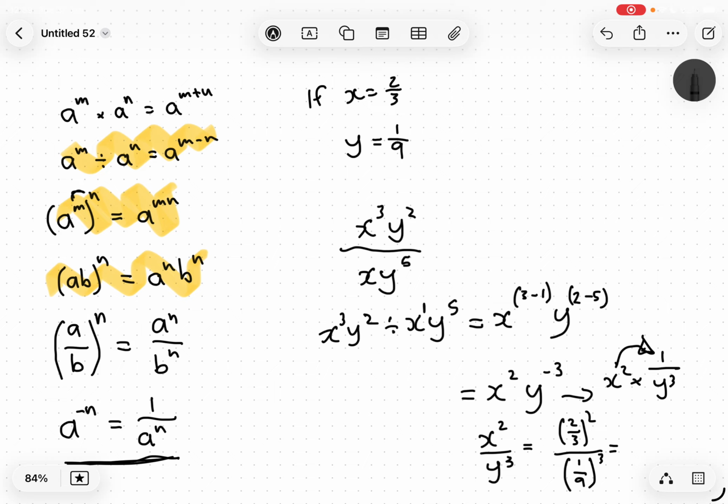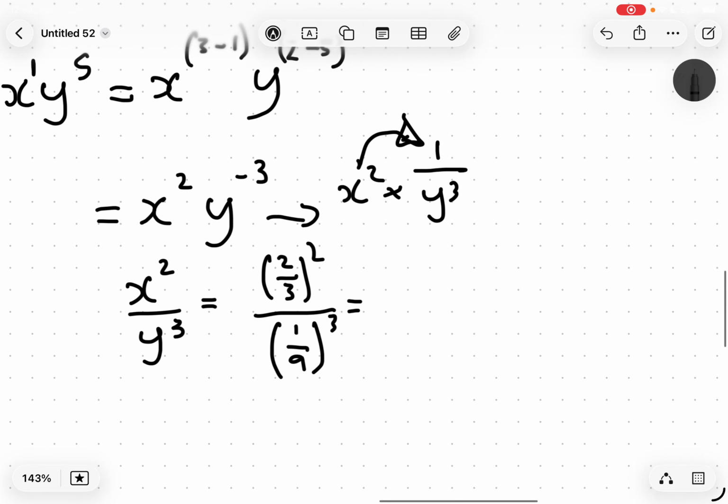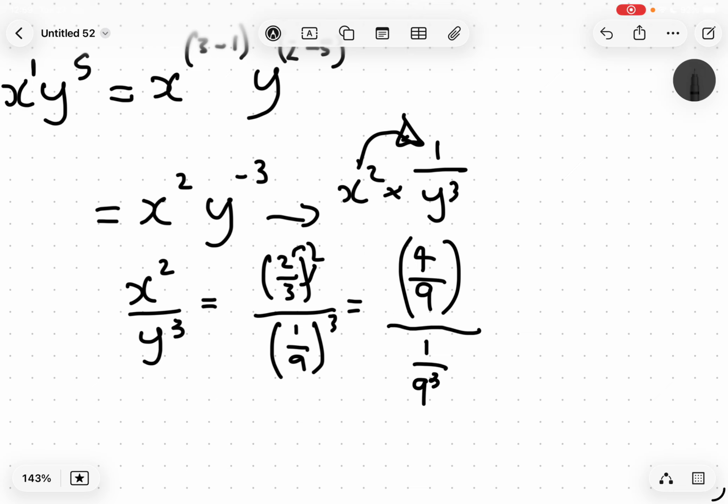That will be equal to 4 on 9, because we're going to move that square into there, over 1 on 9 cubed. And it's 1 cubed on the top, but because 1 cubed is just equal to 1, we're just going to leave it like that.